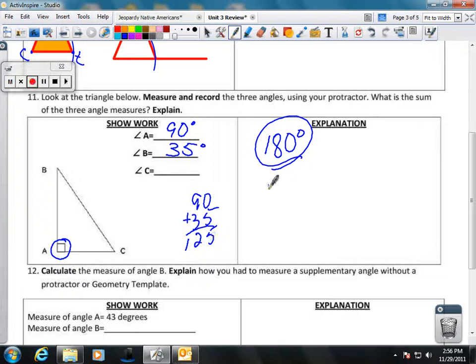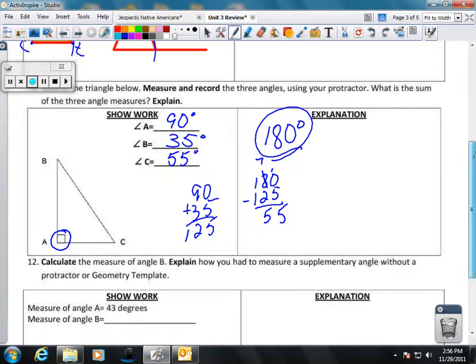Then I can take 180 degrees and subtract 125 degrees, and I get 55 degrees for the measure of angle C. Any questions? Excellent. So far, so good.